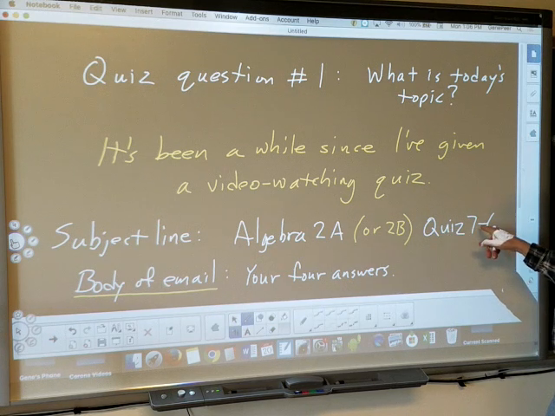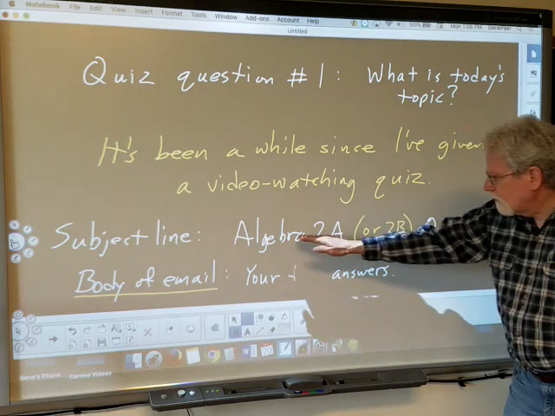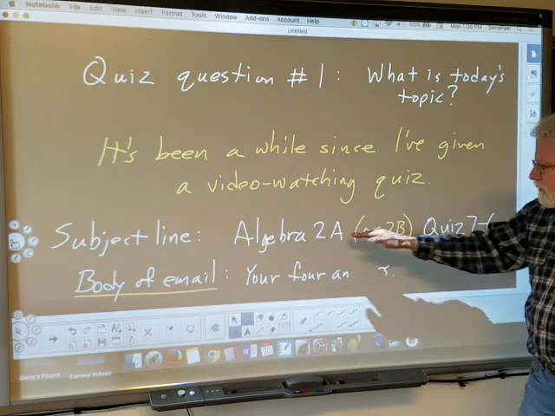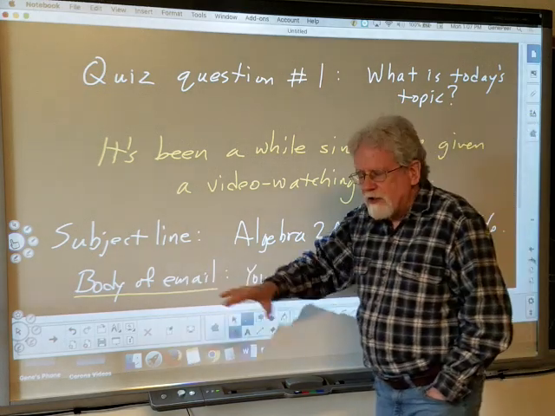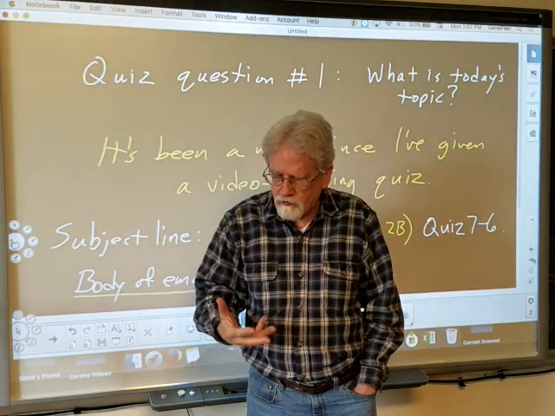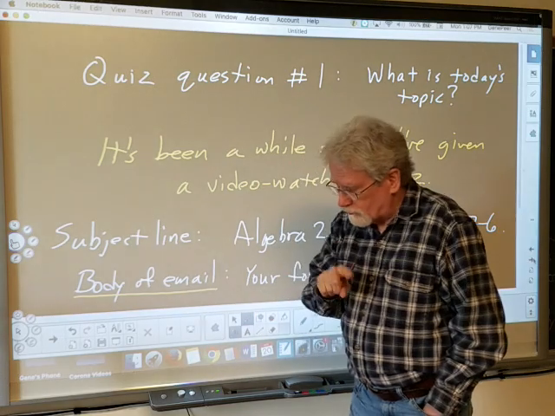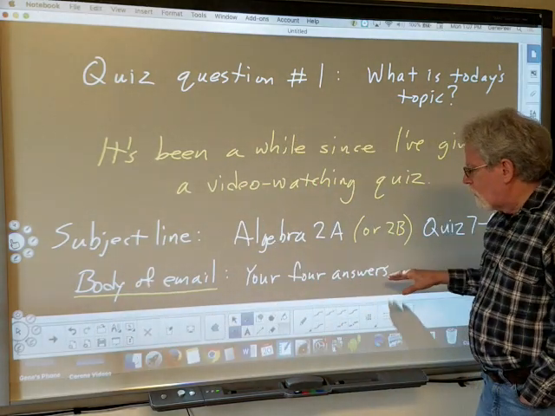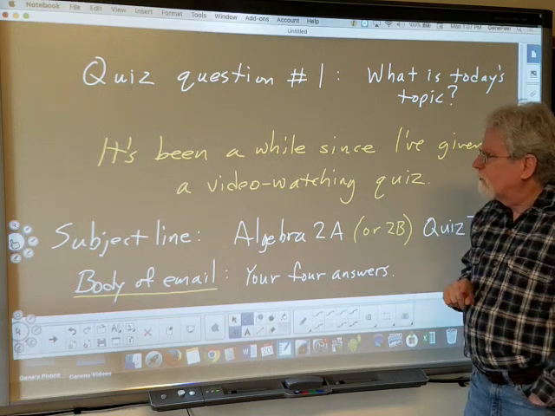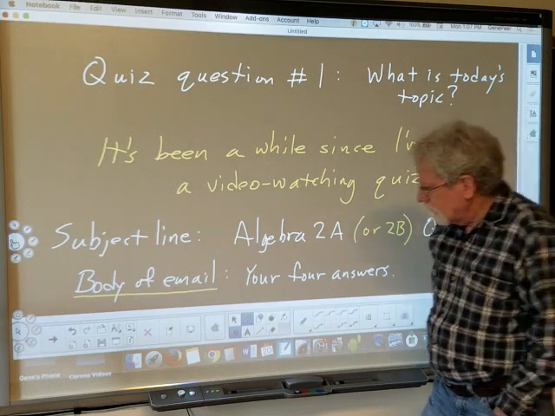This is section 7-6. That's all I want to see in your subject line. That makes it very easy for me to sort out the emails. And then in the body of the email, don't put this on paper and then take a picture. Too much trouble for me, too much trouble for you. Just type right in the body of the email the 4 answers to the 4 quiz questions. First one, what's today's topic?